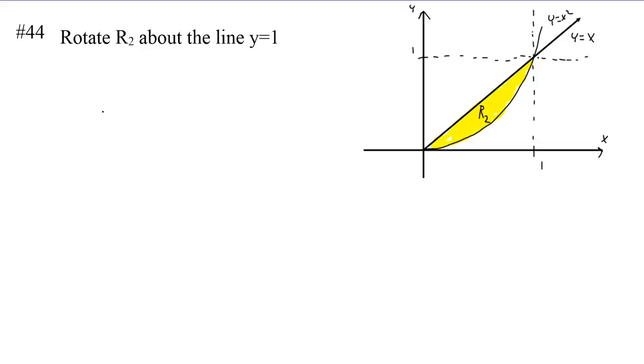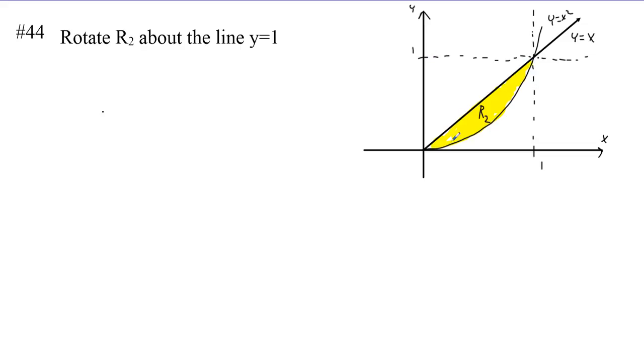They want us to take this function here and not rotate it about the x-axis, which most of the rotations do, but to rotate about the line y equals 1.